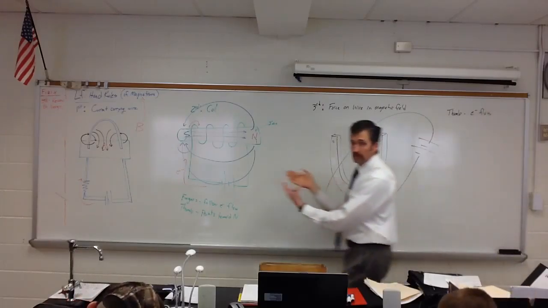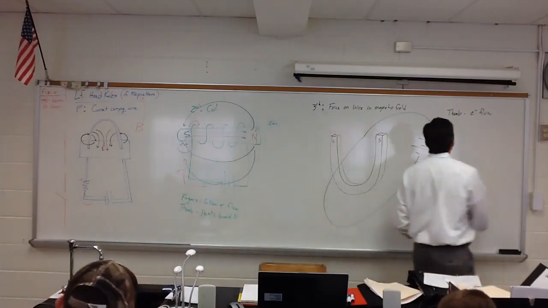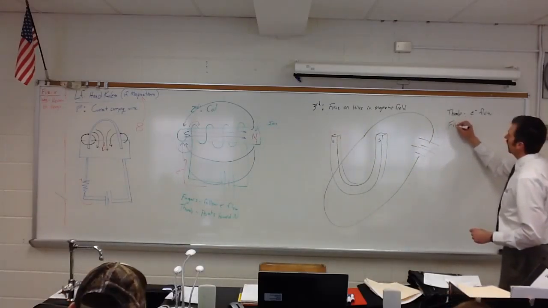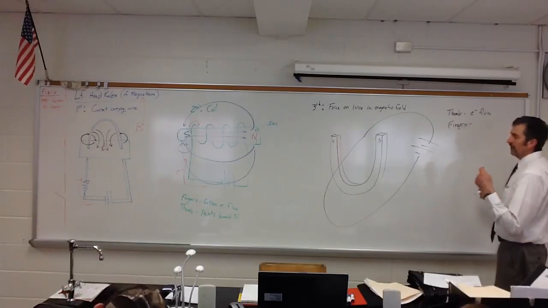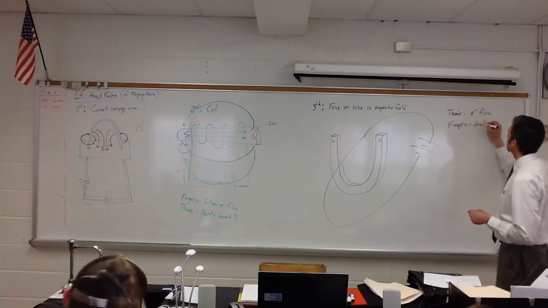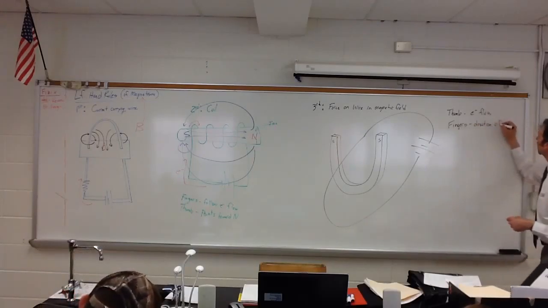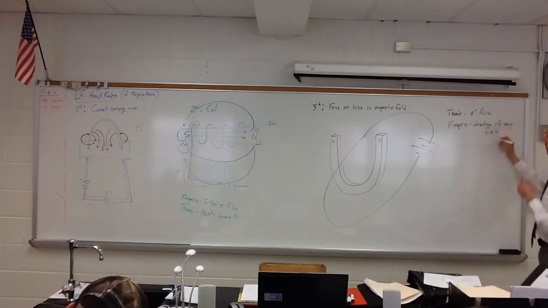So just like the first left-hand rule, our thumb is now the electron flow. Our fingers, though, have a different role. They point in the direction of the magnetic field, in other words, north to south.